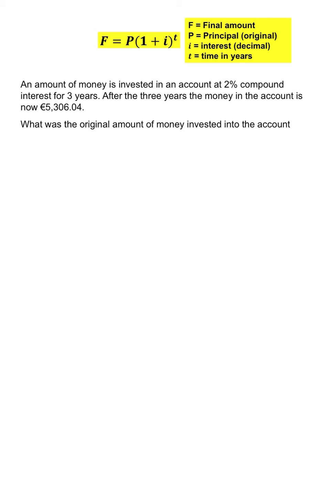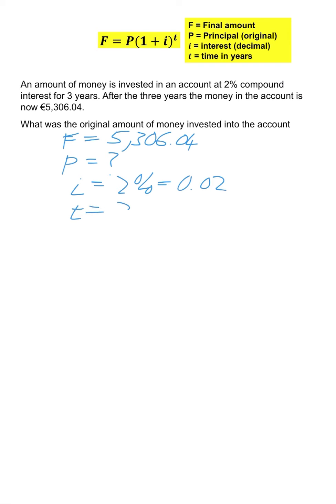We know our final amount is 5,306 euro and 4 cents. We don't know the principal, so the original, and we have our interest at 2%, so 0.02. And we had our time as well, which was 3.